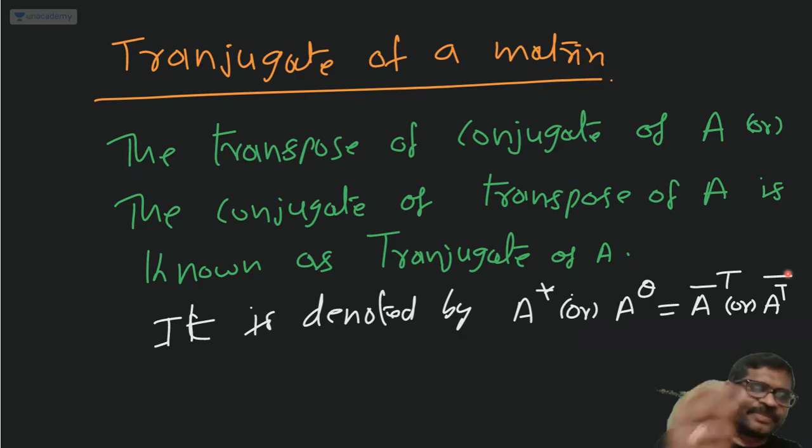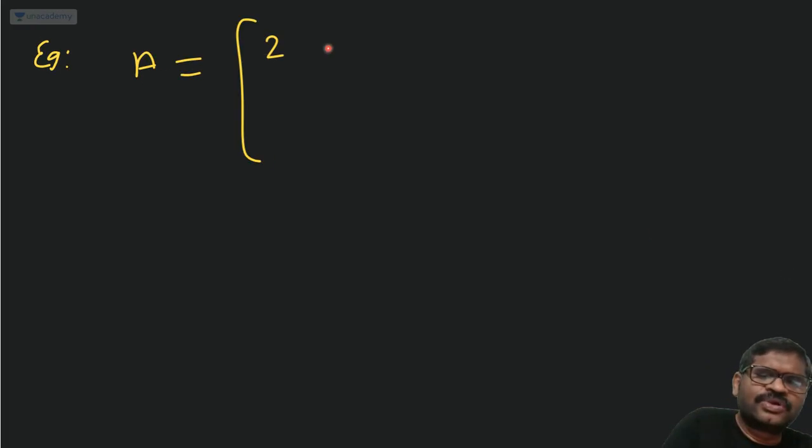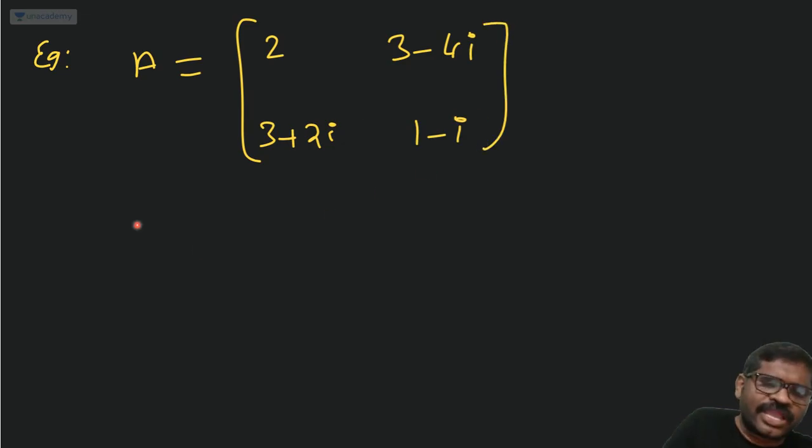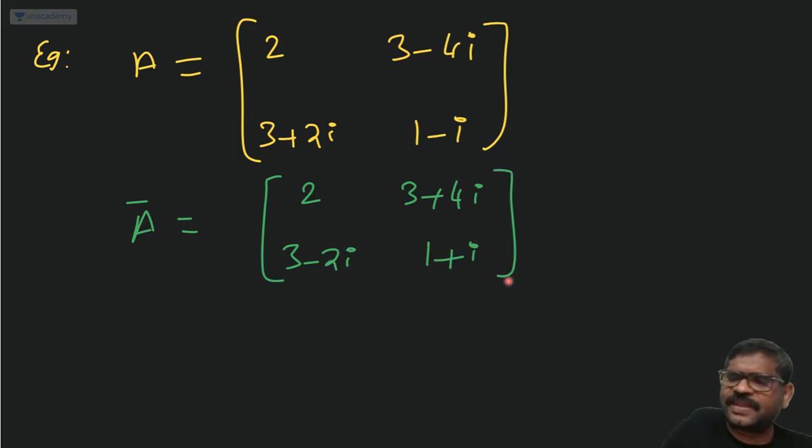For example, A is 2, 3 minus 4i, 3 plus 2i, 1 minus i. What about A bar? 2, 3 plus 4i, 3 minus 2i, 1 plus i.